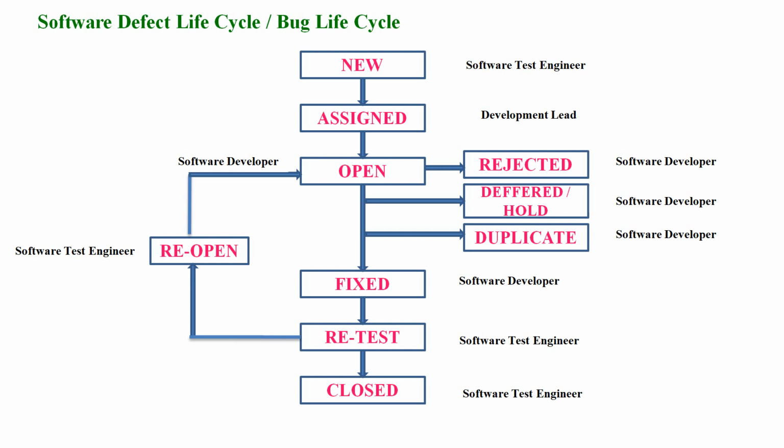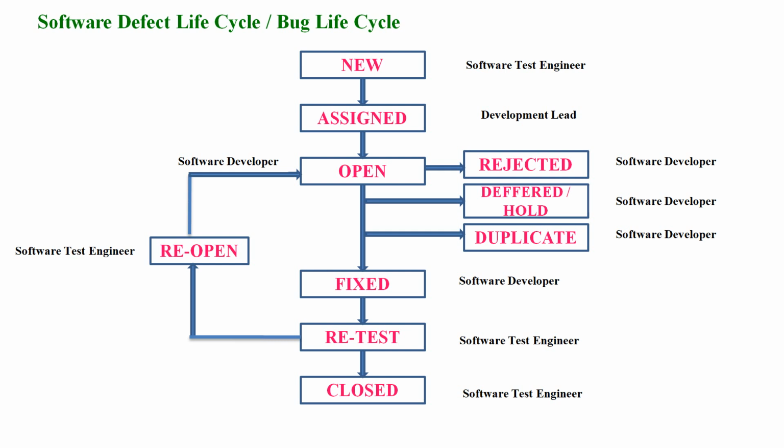Like this, once that defect is reported by the software test engineer, immediately the development lead will look into it and assign it to the concerned software developer. For what purpose? For fixing that defect, for resolving that defect, for rectifying that defect. So the development lead is responsible to change the defect status from new to assigned.